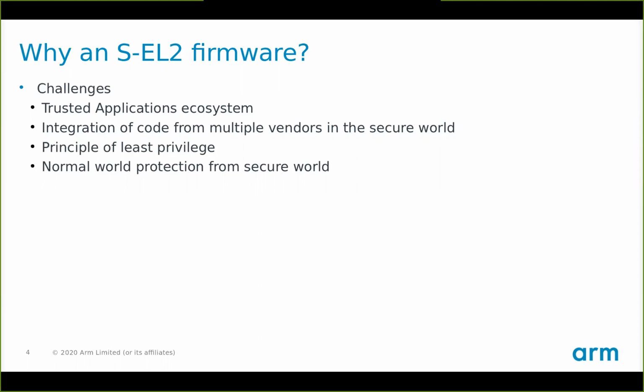And lastly, the normal world is not protected from the secure world direction. So bogus code or malicious code from the secure world at any layer can corrupt the normal world, which can be the hypervisor in the normal world or one of the VMs or the kernel. So yeah, those are the challenges.